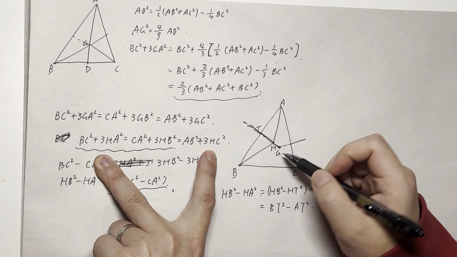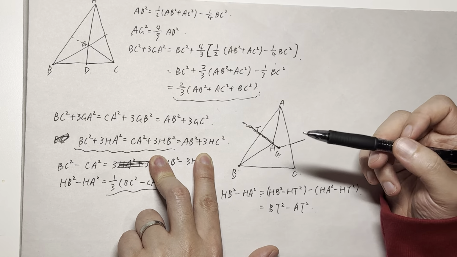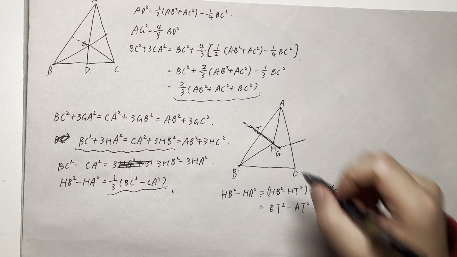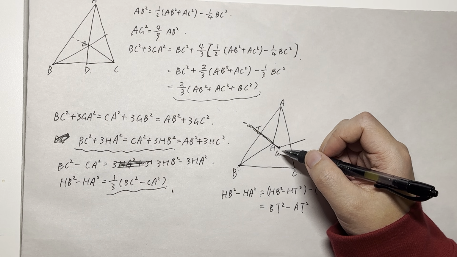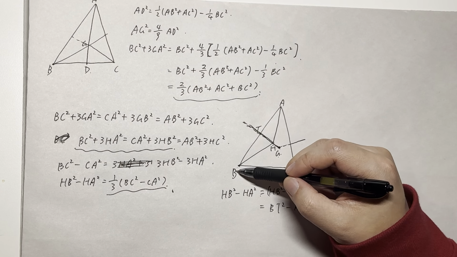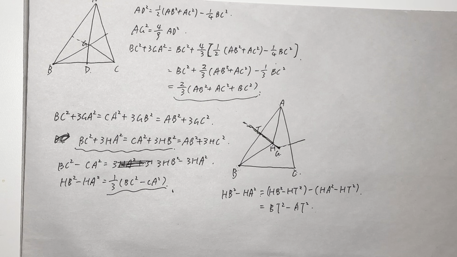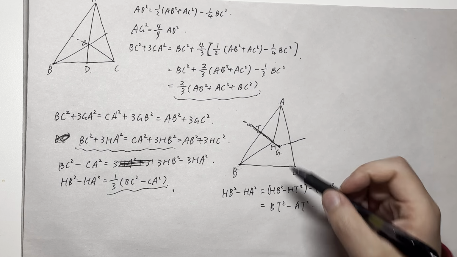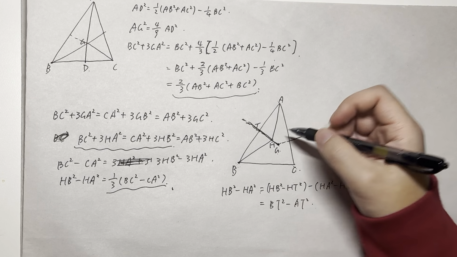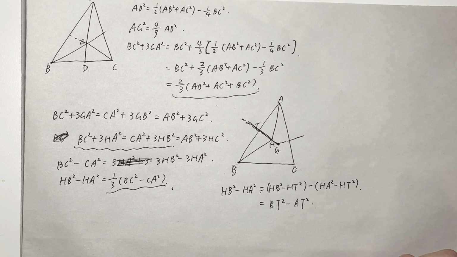And for these two, H should be on the perpendicular line from G to BC. So we are looking for a point that is on the perpendicular lines from G to AB, AC, and BC at the same time, which means G is the point we're looking for, because these three lines are concurrent at G. So G is the H we're looking for.